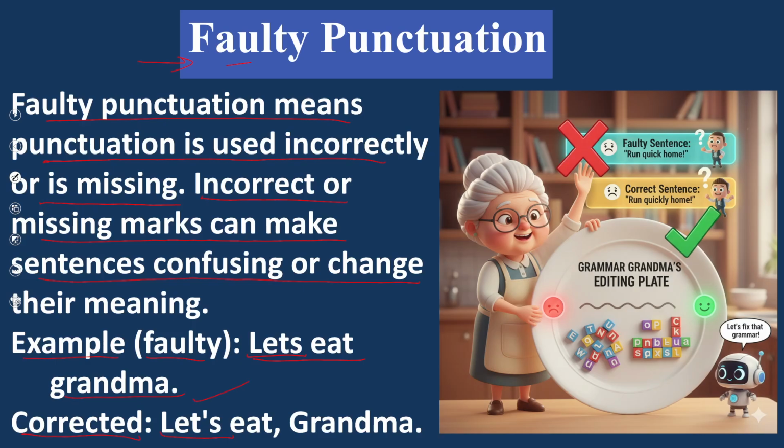Here it is: let's eat, grandma. We have to put a comma after the sentence is completed, for the person whom we are addressing. So we have to put a comma before the addressee. So this is the rule.